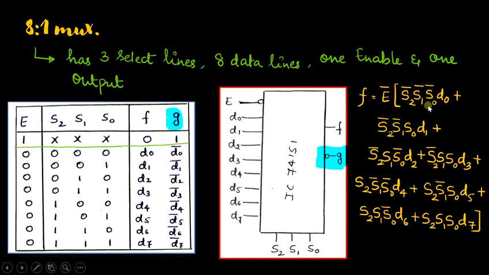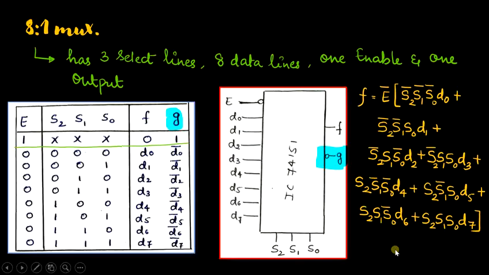So 0, 0, 0 into D0 plus 0, 0, 1 into D1 plus 0, 1, 0 into D2, 0, 1, 1 into D3, 1, 0, 0 into D4, 1, 0, 1 into D5, 1, 1, 0 into D6 and 1, 1, 1 into D7. I have specified S2, S1 and S0 in terms of the binary representation represented in the truth table.